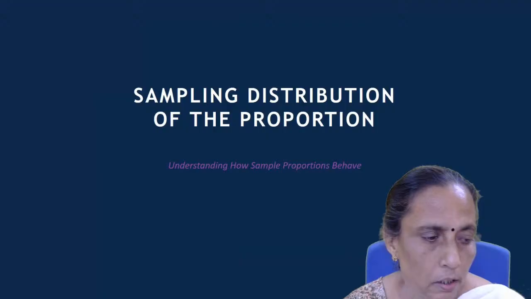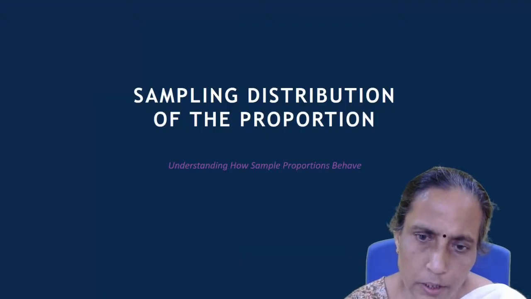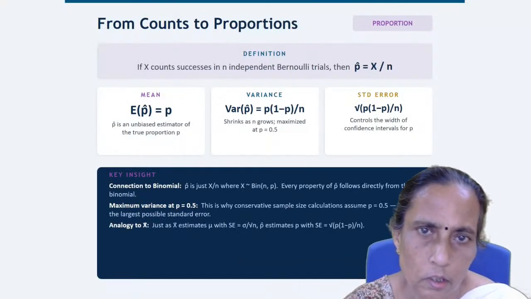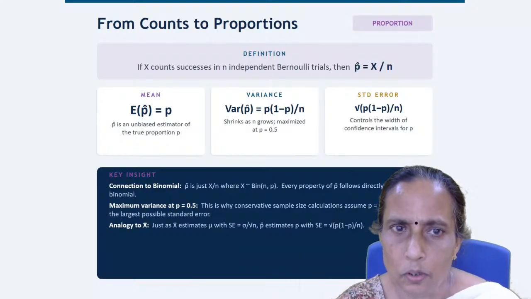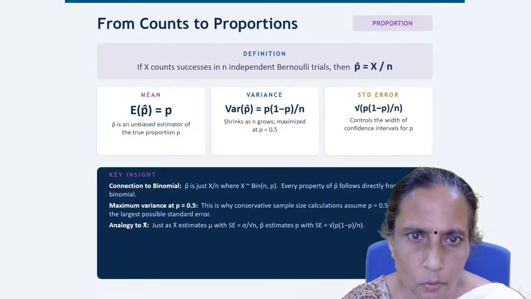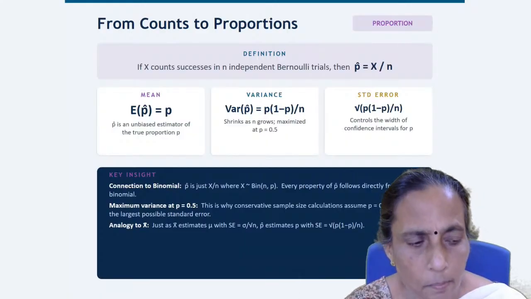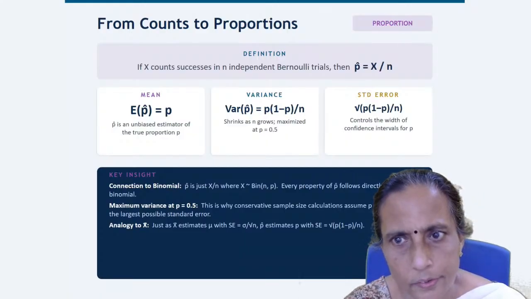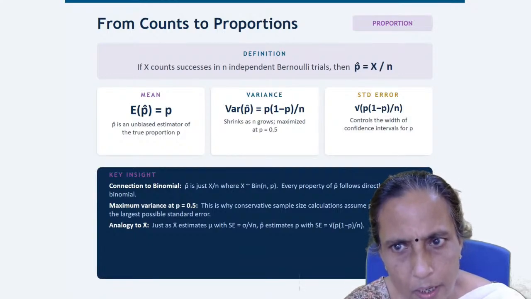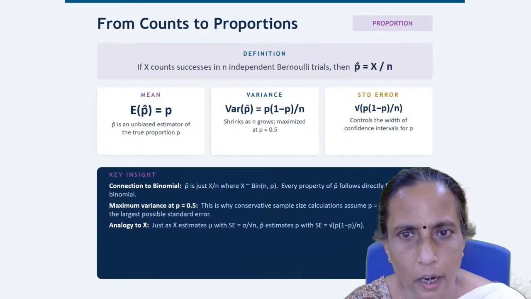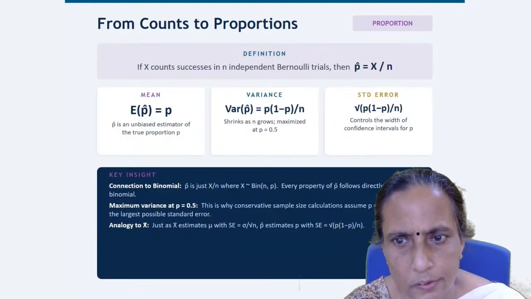So, sampling distribution of proportions. From counts to proportion. If X counts successes in n independent Bernoulli trials, then the p estimate of p is equal to X by n. What is a Bernoulli trial?